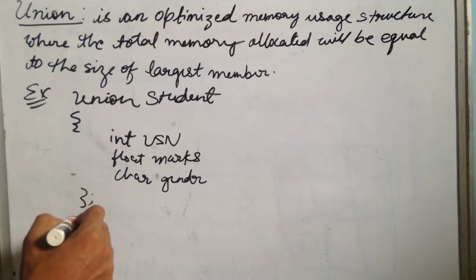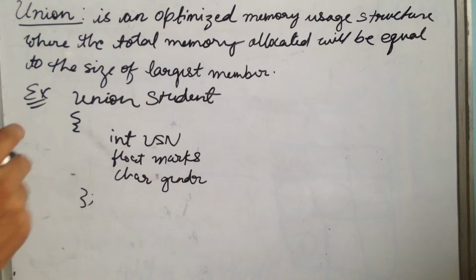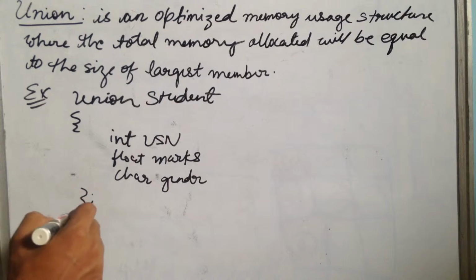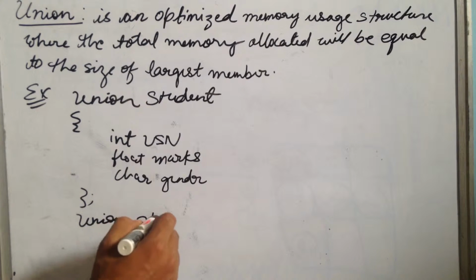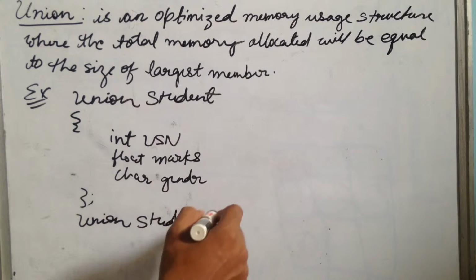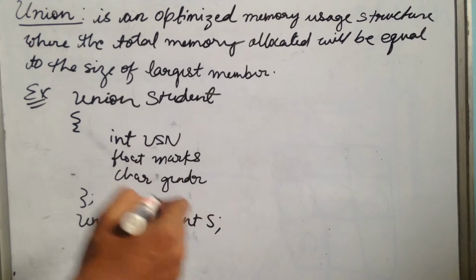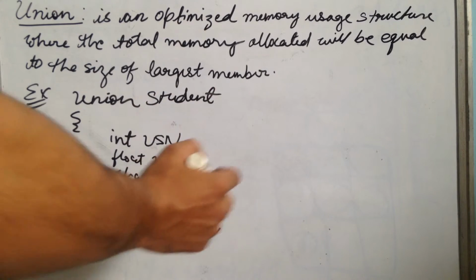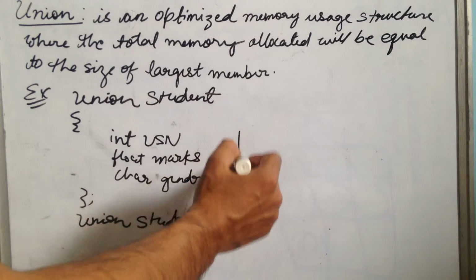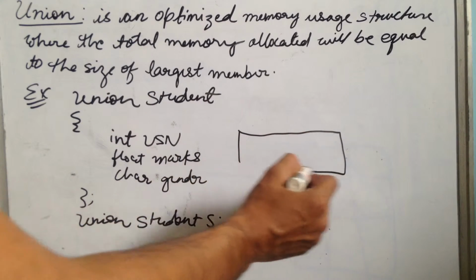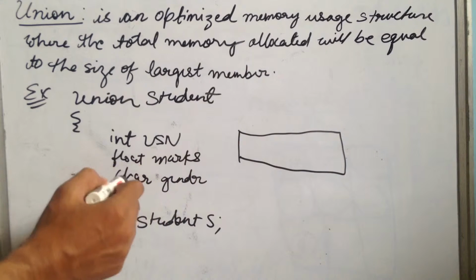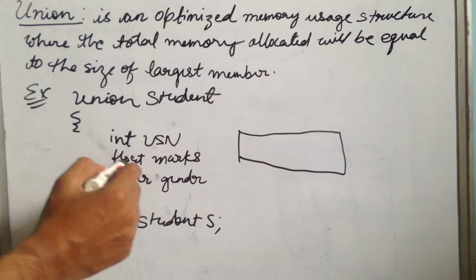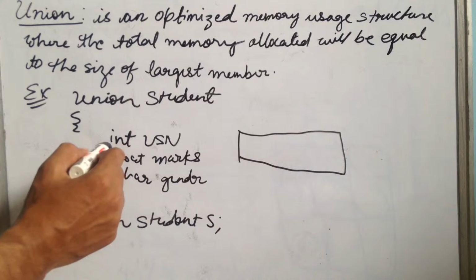So now how will the memory be allocated for this? Let's take union student S. For this S, how will the memory be allocated? The compiler will see the maximum size of the member. So integer, float, and character, there are three members.